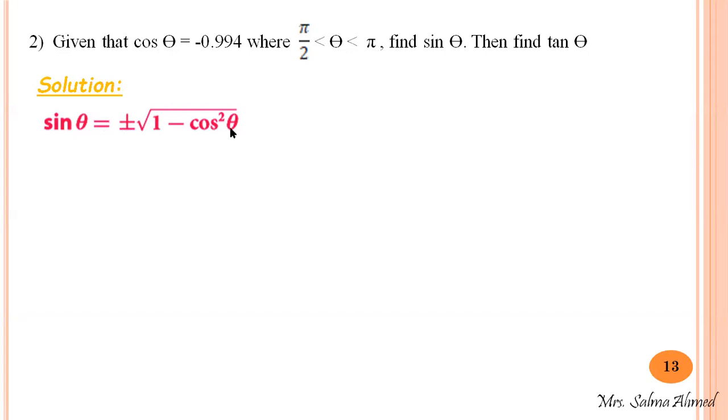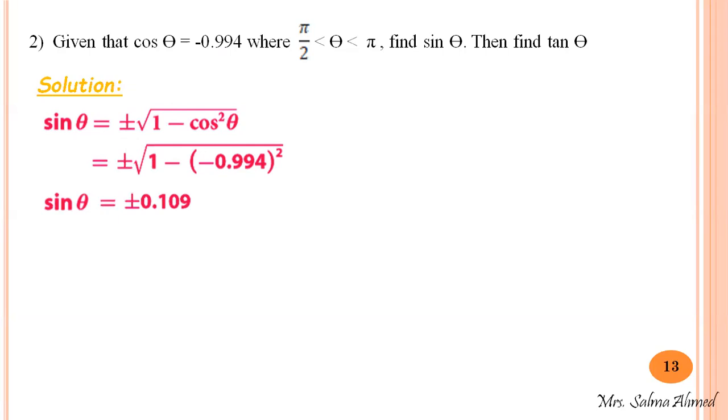So it will be positive or negative root 1 minus negative 0.994 squared. Use your calculator, it will be approximately positive or negative 0.109 to the nearest thousandth.